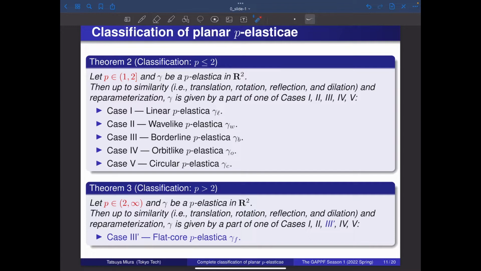Okay, and the statement is as follows: let p be an exponent less than or equal to 2, and gamma be a p-elastica in R^2.